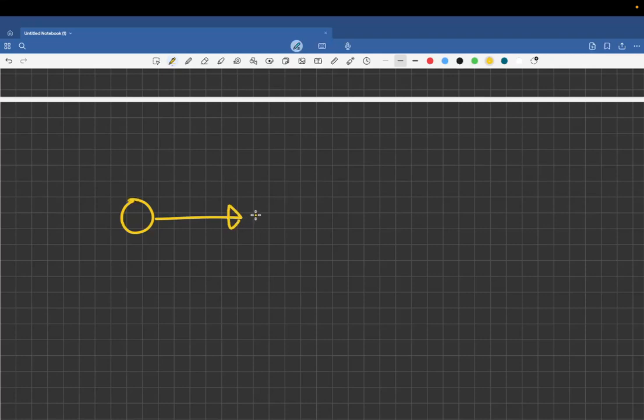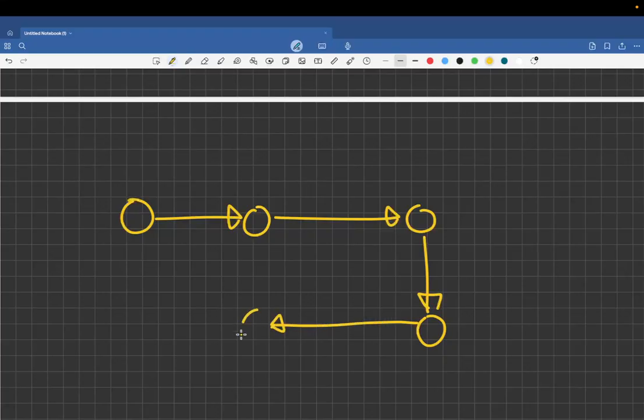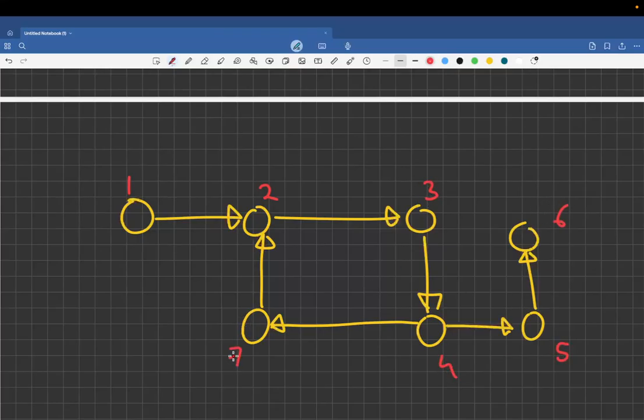Let's suppose this is the graph you had. Let me number the nodes 1, 2, 3, 4, 5, 6, 7. And let's suppose this is a negative weight cycle. Now what am I doing?